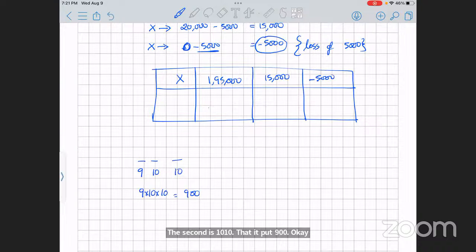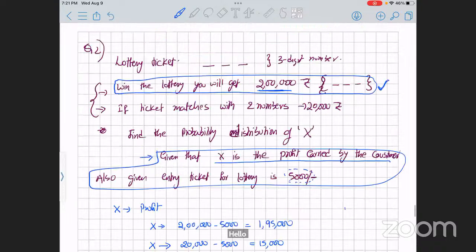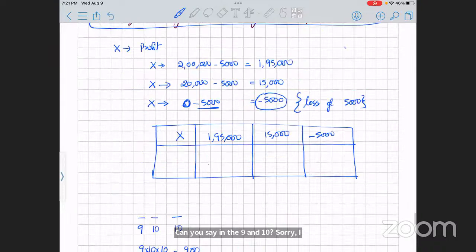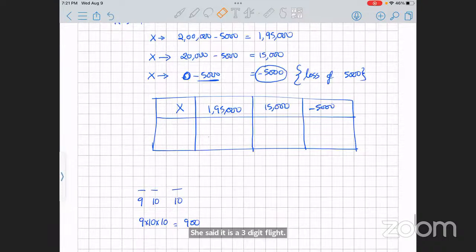Can you say again the 9, 10, 10? Look, it is a 3-digit number.